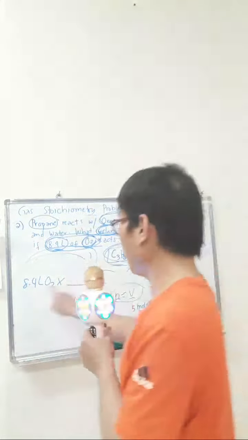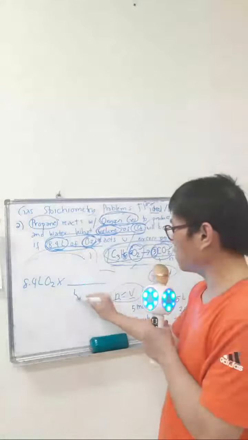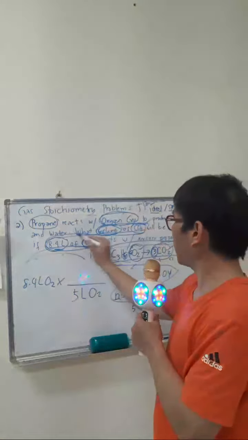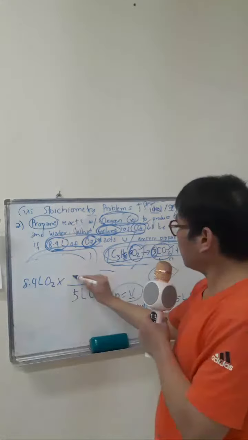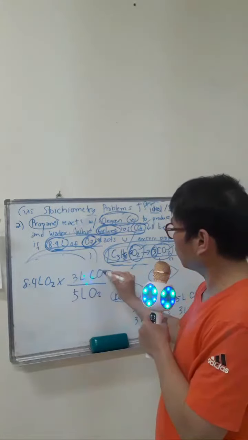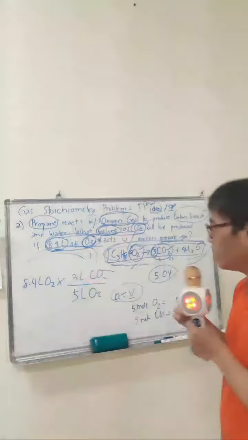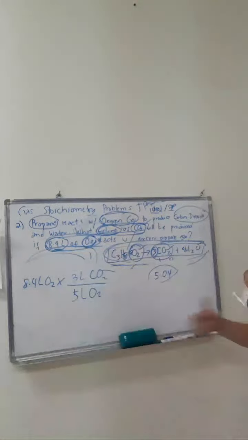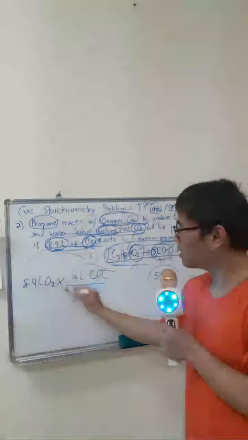Okay, so 8.4 liters of O2, and now we have 5 liters of oxygen gas in the denominator. And then CO2 volume is being added, so 3 liters of CO2. It looks strange, right? Strange, meaning to say unique, because you need theory to prove this.